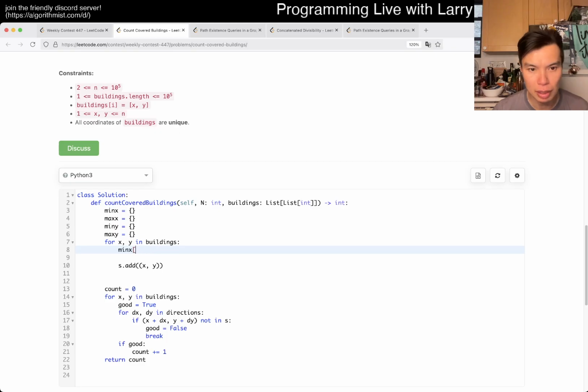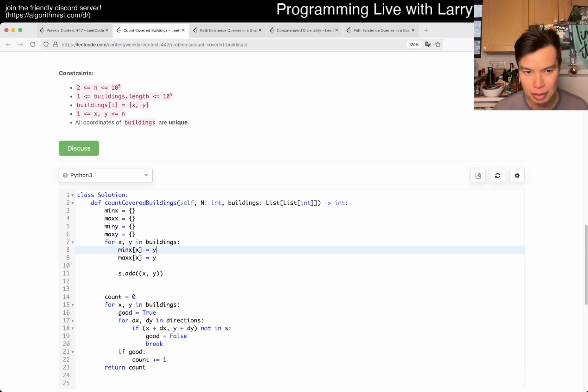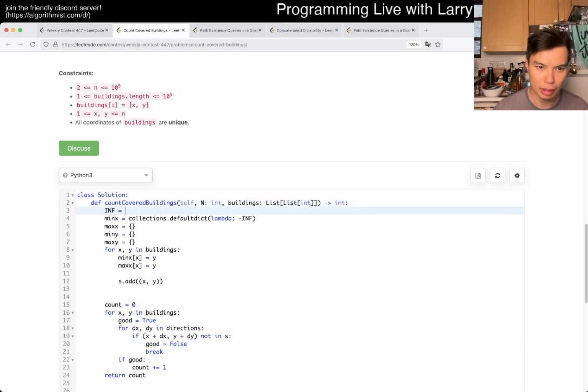X of x is equal to y, max x of x is equal to y, something like that, but we have to do an if statement. I have the wrong direction.